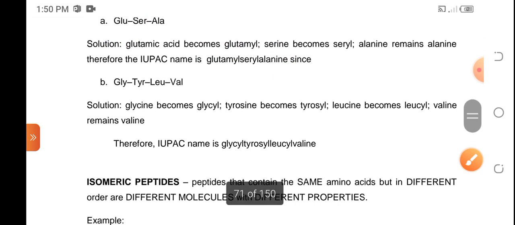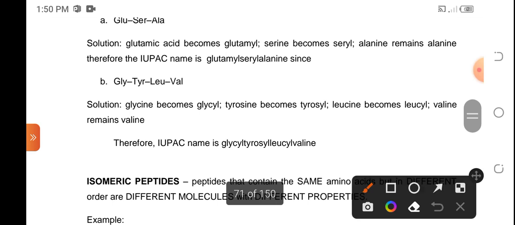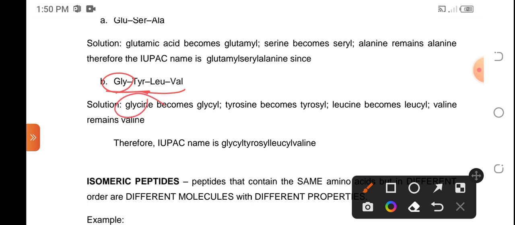Another example, ito naman ay tetrapeptide. 4 yung kanyang amino acid. So, glycine will become glycyl. We drop the INE and add YL. Tyrosine become tyrosyl because we drop the INE and add YL. Leucine will become lucyl by dropping the INE and replacing it with YL.